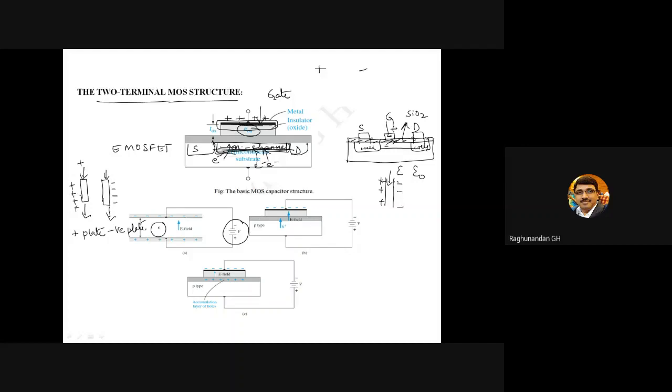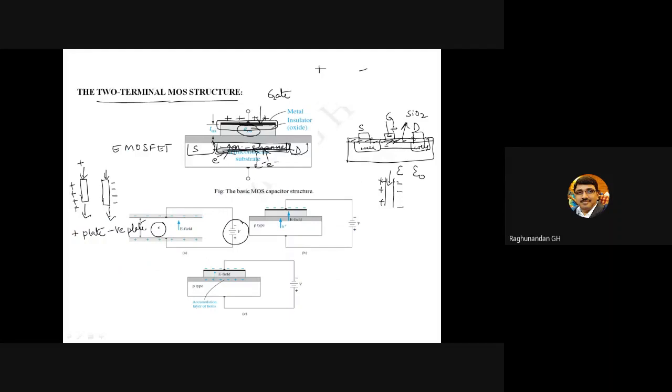In the same way here, this oxide layer will be the dielectric medium between the two plates, and the permittivity of this oxide layer is epsilon OX.